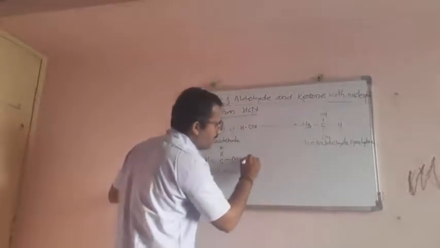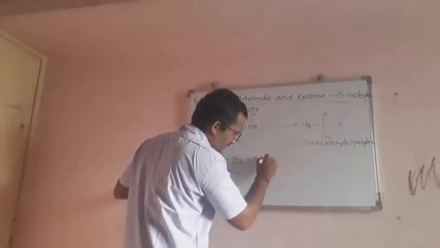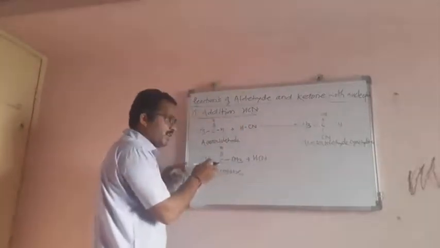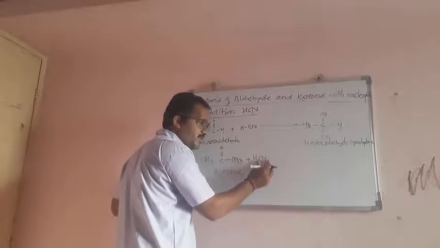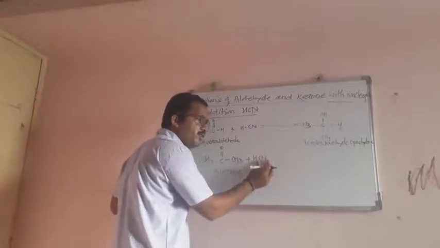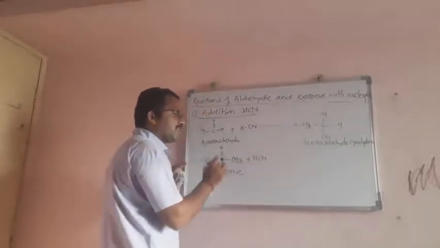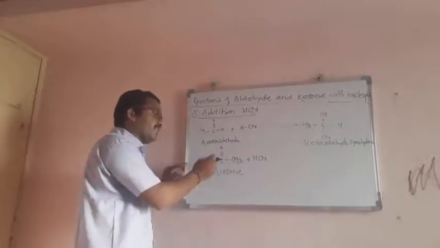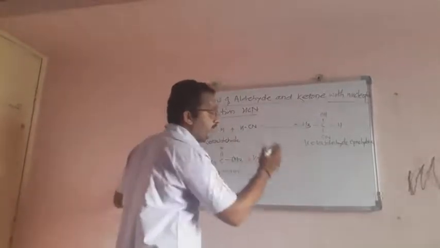It is reacted with hydrogen cyanide, the CN minus ion is the nucleophile, and it attacks the electropositive carbon atom of the carbonyl carbon of this ketone.